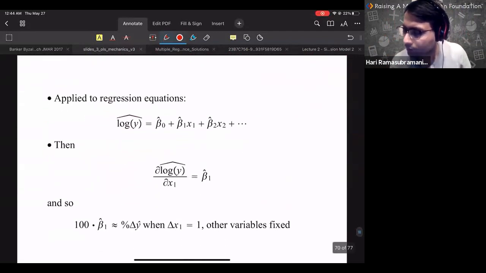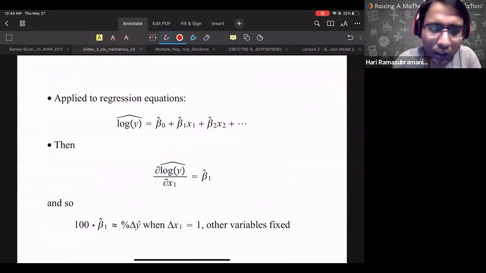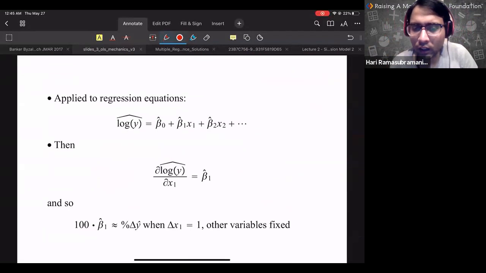Okay. So this is exactly what we discussed just now, how you interpret the beta 1 coefficient. So 100 times the beta 1 coefficient will give you the percentage change in y hat.